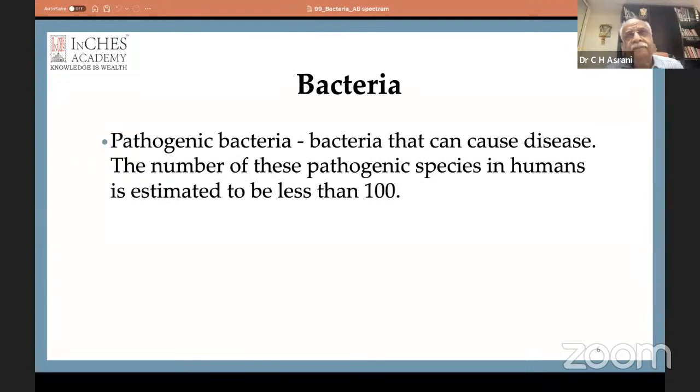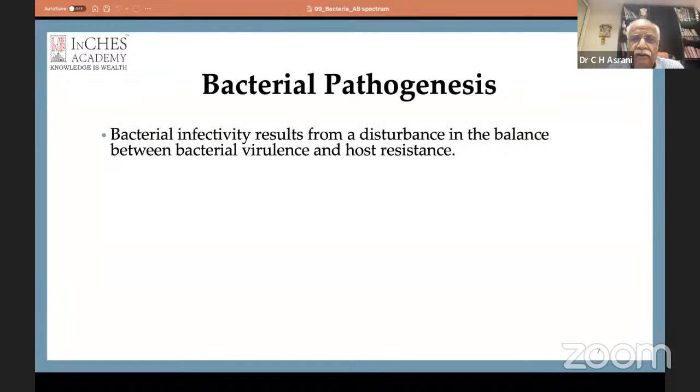Now we talk of pathogenic bacteria. These are the bacteria that cause disease. The number of these pathogenic species in humans is less than 10. Bacterial pathogenesis: how do they cause disease? The infectivity of a bacteria results from a disturbance in the balance between the virulence or the negativity of the bacteria and the resistance of the host.